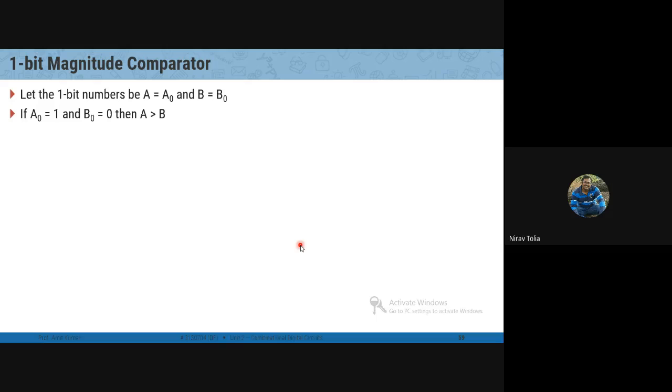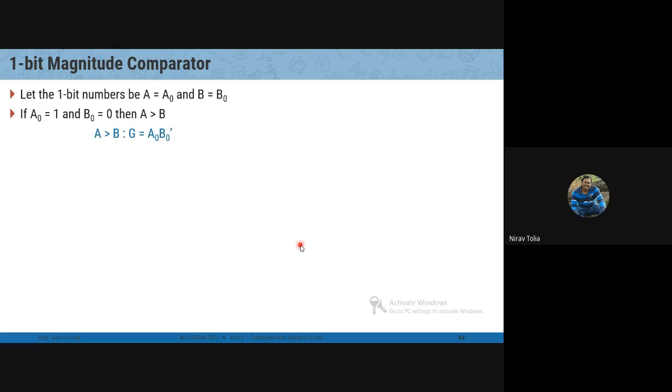Suppose my A0 is 0 and my B0 is 1, then we can say A is less than B. And what is the possibility of A equal to B? Let's say my A0 is 0 and also my B0 is 0, then A equals B, or my A0 is 1 and my B0 is also 1, then also we can say A equals B.